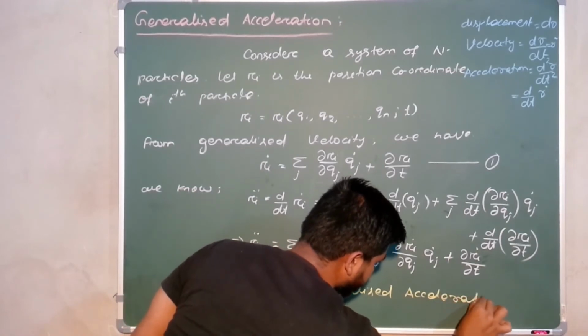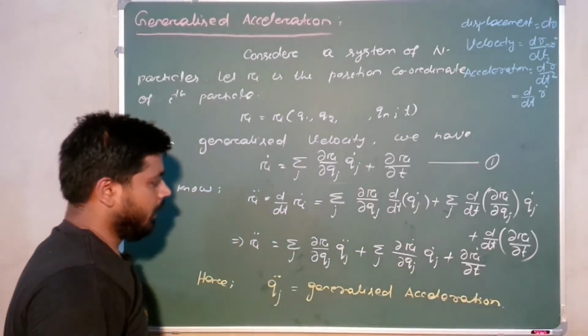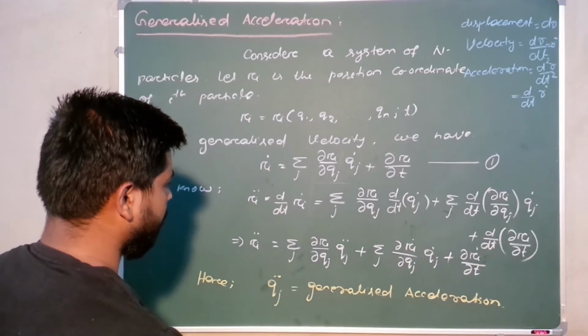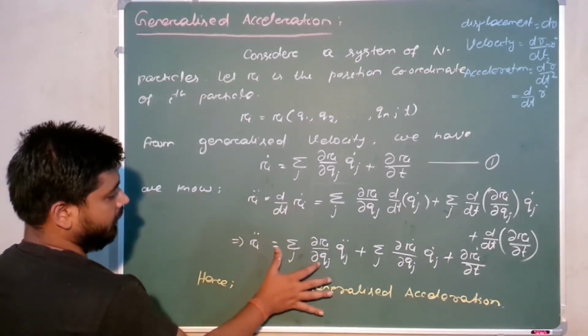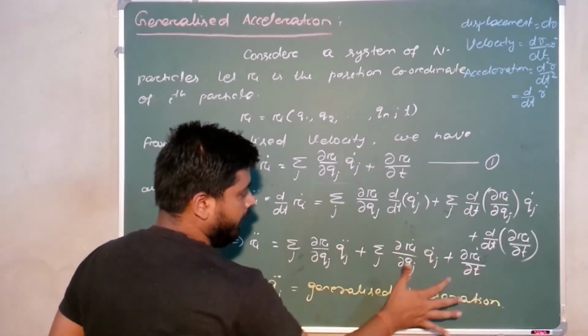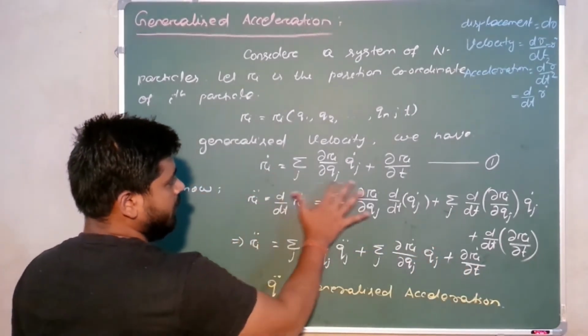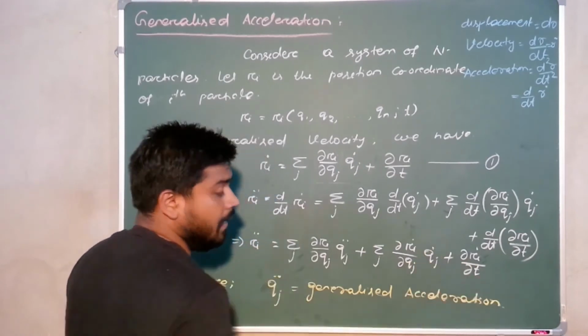Yes or no? Just simplify this by putting in the ri dot. Here I have ri dot, here also I have ri dot. Just put this equation 1 in place of ri dot.